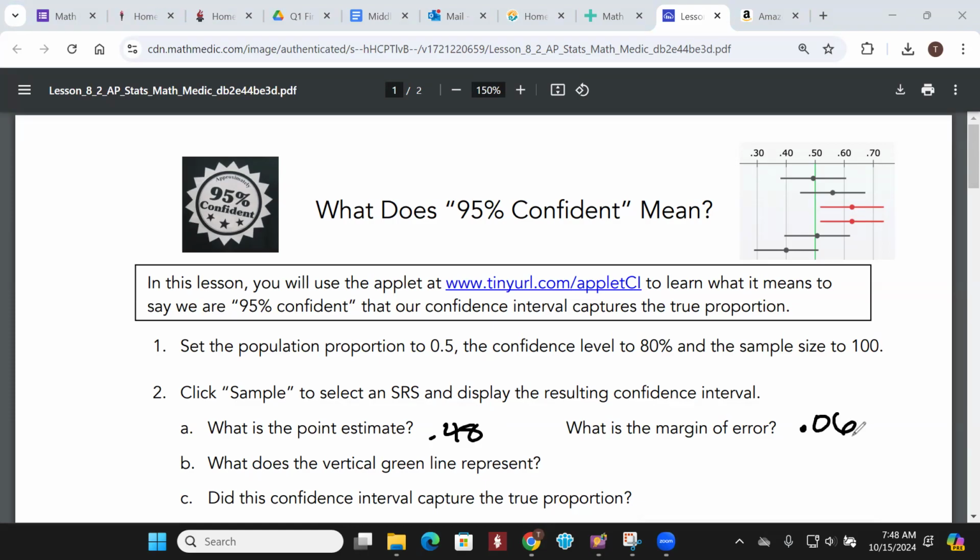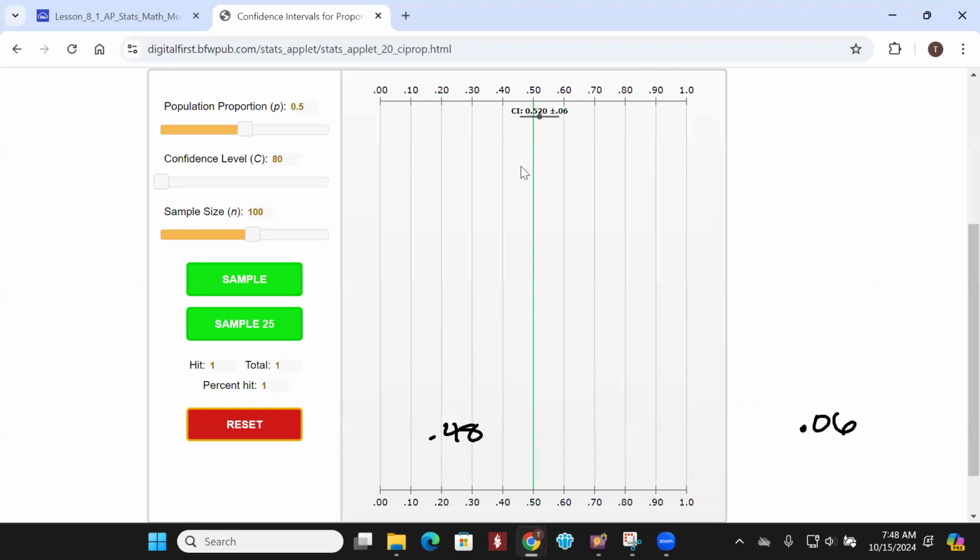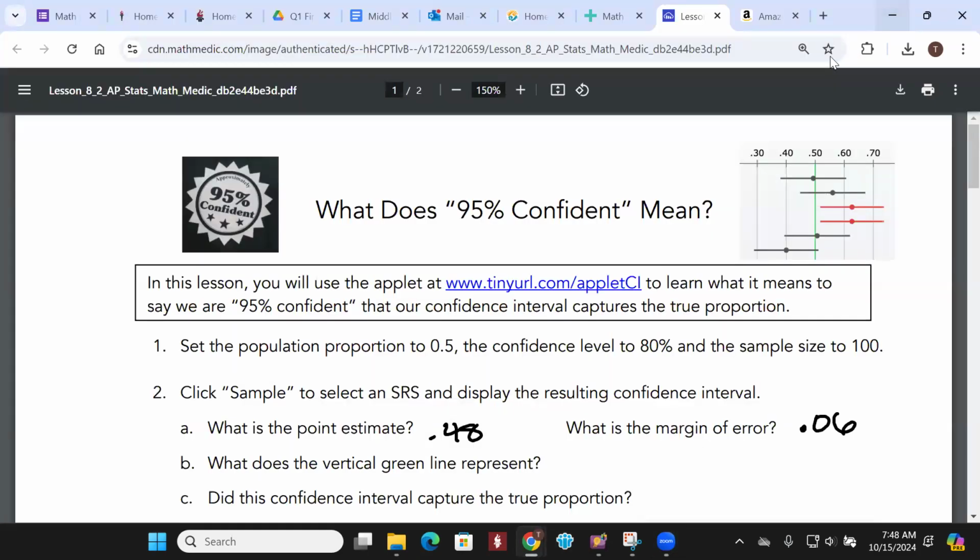What does the vertical green line represent? That green vertical line is the true population proportion, because that's what we set P to be equal to.